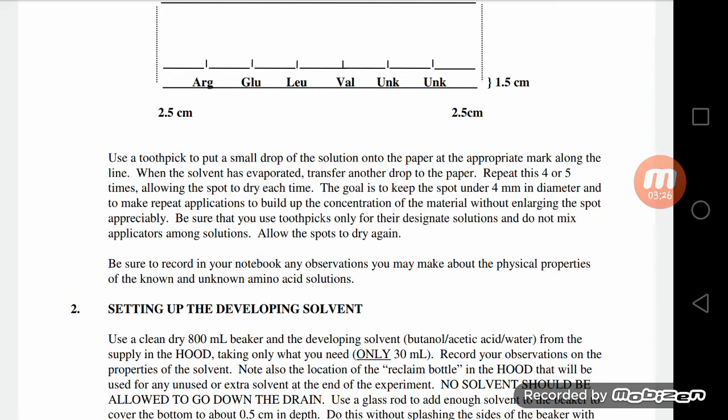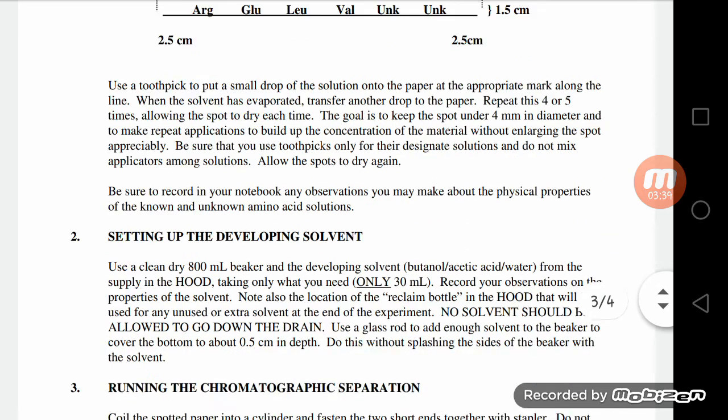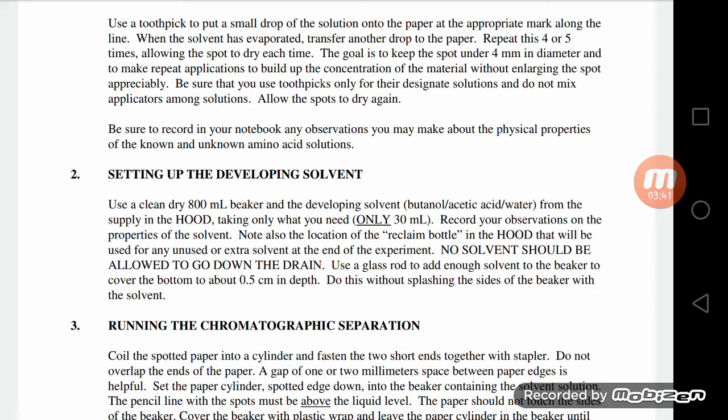Be sure that you use each toothpick only for its designated solution and do not mix applications among the solutions. Allow the spots to dry again. Be sure to record in your notebook any observations you make about the physical properties of the known and unknown amino acid solutions.